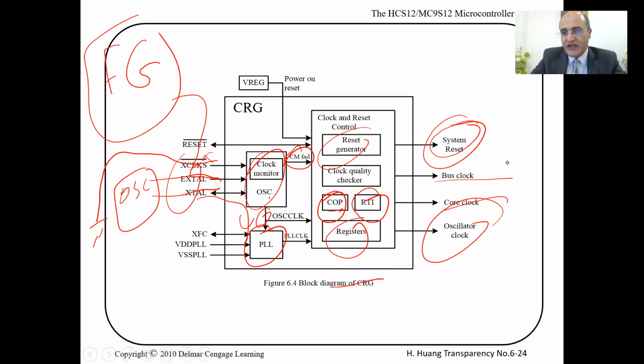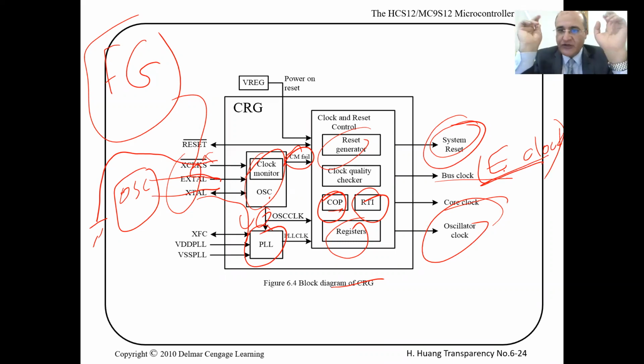The bus clock is the E-clock. Bus clock is what we know, the E-clock. We know that each instruction consumes this many E-clocks, right? And we knew that the E-clock is half of the core clock.